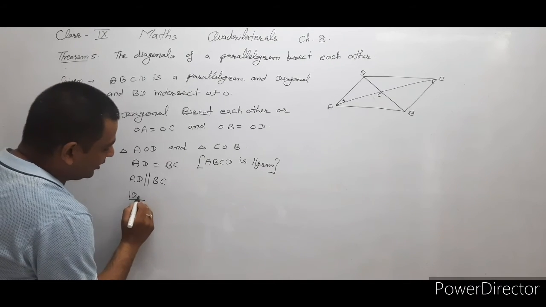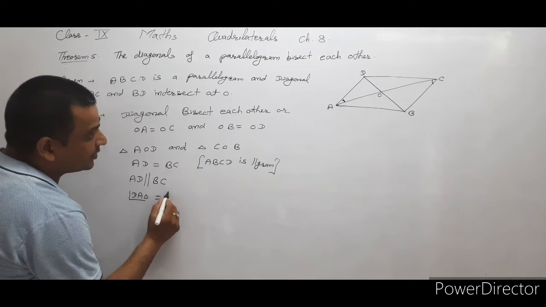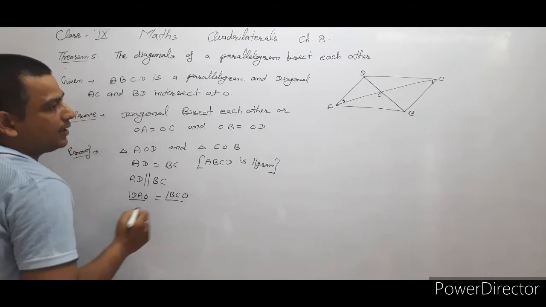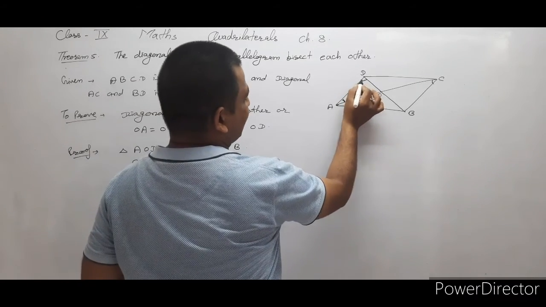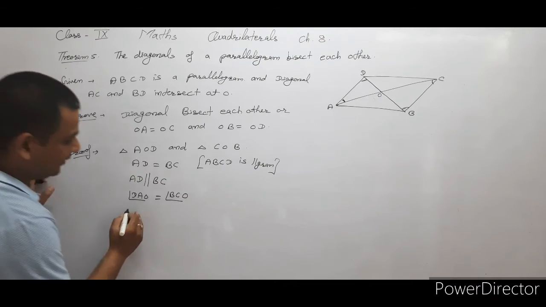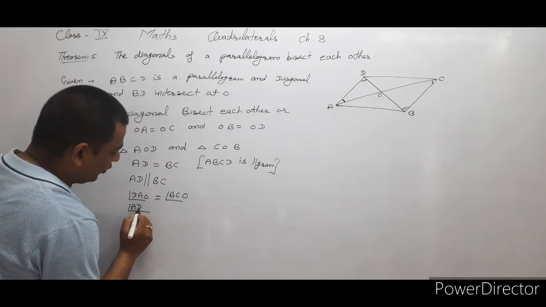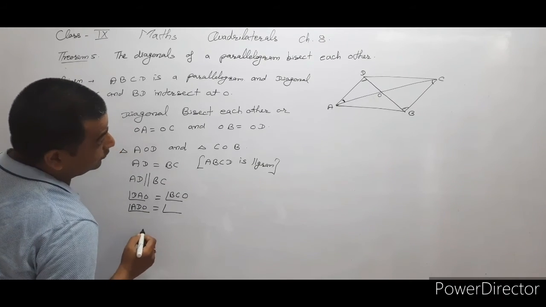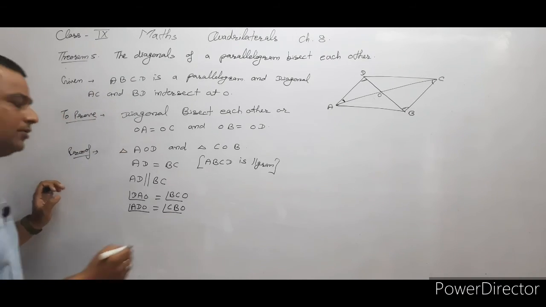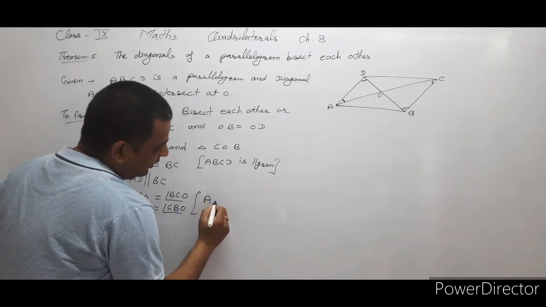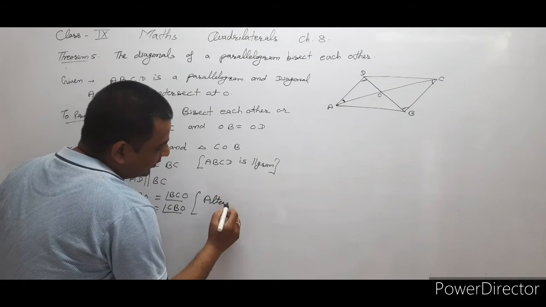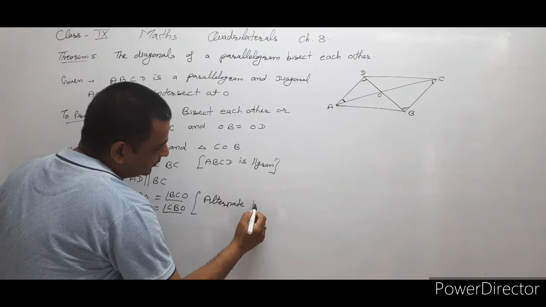Angle DAO is equal to angle BCO. Similarly, this angle and this angle are also equal. That means angle ADO equals angle CBO because of alternate interior angles.